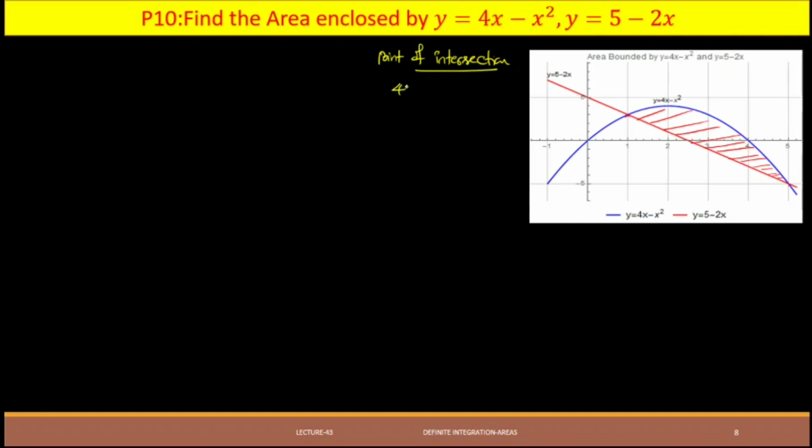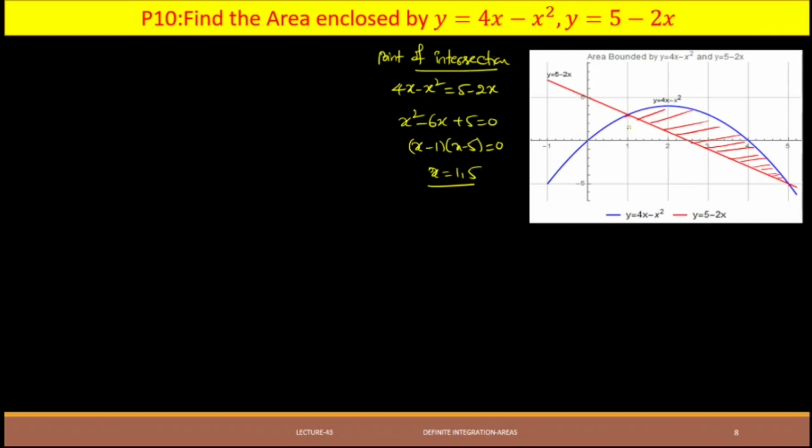So 4x minus x square is equal to 5 minus 2x. So that is equal to x square minus 6x plus 5 is equal to 0. So this is x minus 1 into x minus 5 is equal to 0. So the x values there are 1 comma 5.